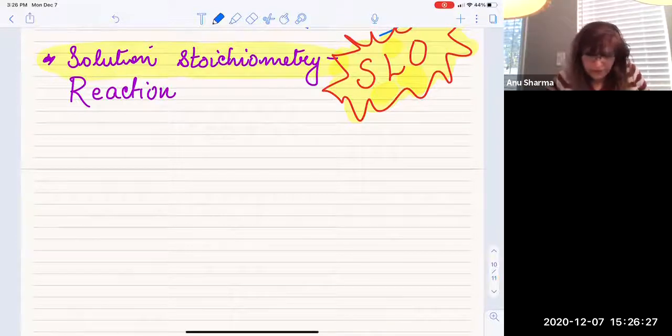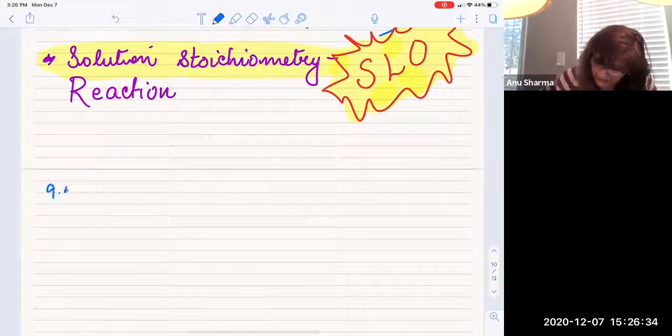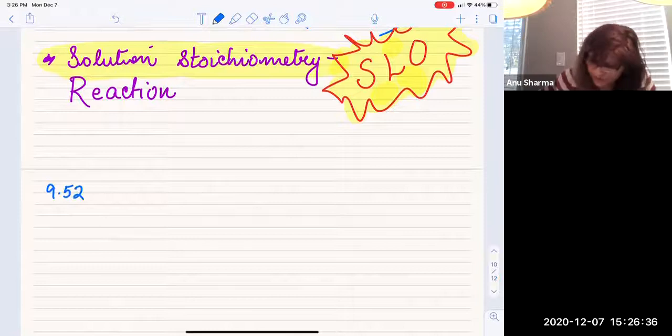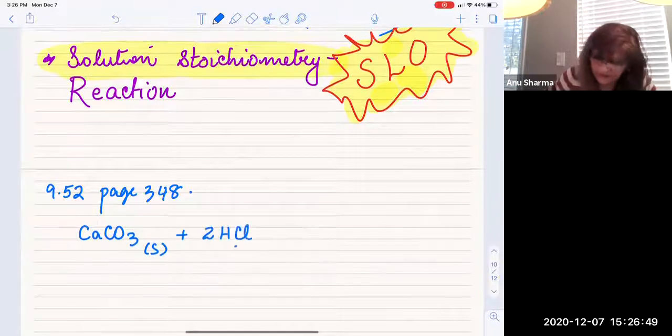Okay. So here you are given calcium. This is problem 9.52, page 348. Here you are given calcium carbonate, a solid, and HCl is being added. HCl is aqueous.